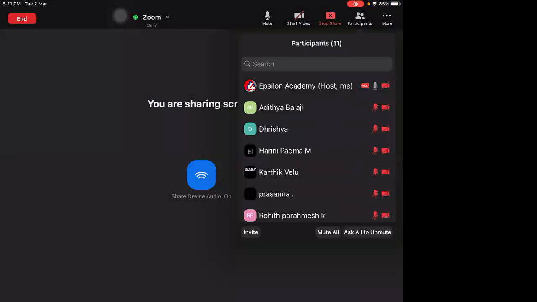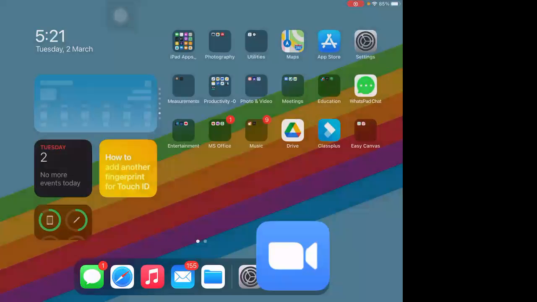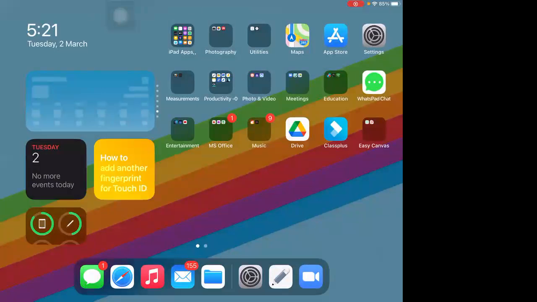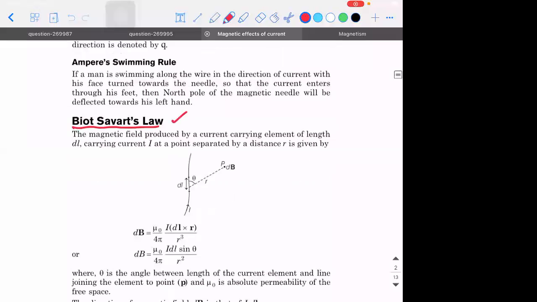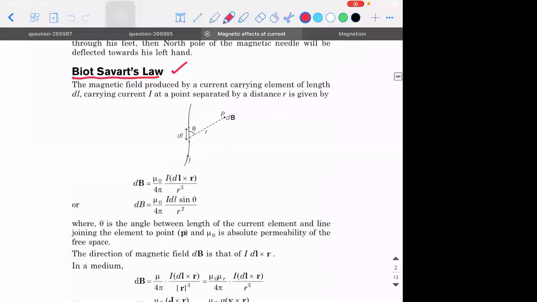The magnetic field due to an elementary part of a conductor. Magnetic field due to a small part of the conductor is directly proportional to the amount of current flowing through it. It is directly proportional to the length of the smaller portion, and it is inversely proportional to the distance from the current carrying conductor to the point where you're trying to calculate the magnetic field. So dB is equal to, what is the formula?